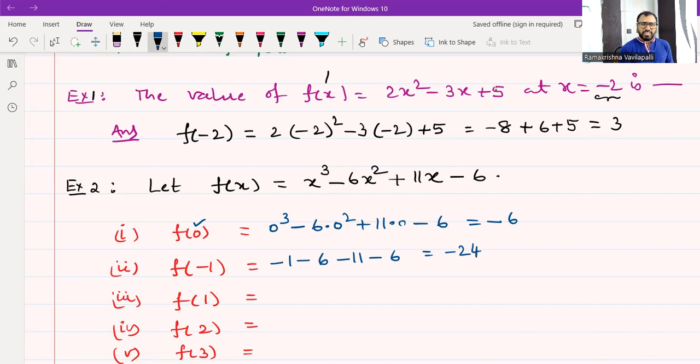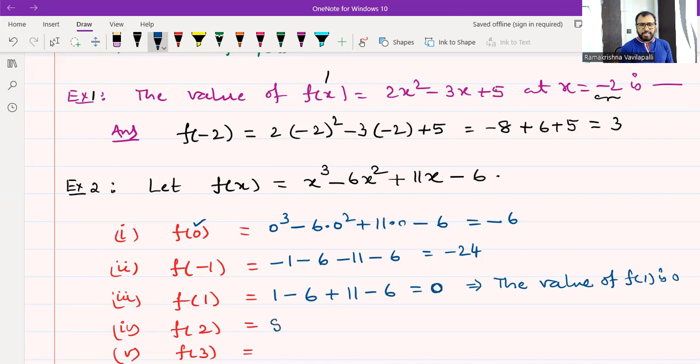Now, what is f of 1? F of 1 equal to 1 minus 6 plus 11 minus 6 equal to 0. So here the value of f of 1 is 0. Similarly, what is f of 2?